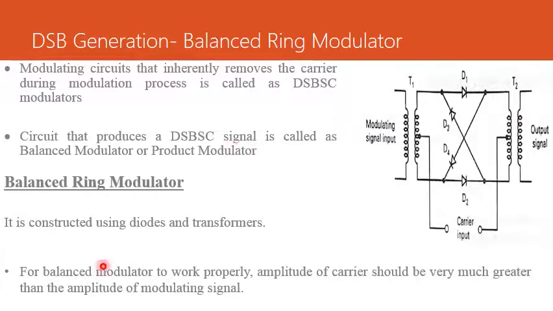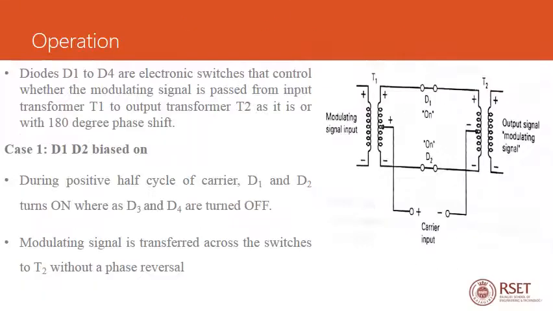For the balanced modulator to work properly, the amplitude of the carrier should be very much greater than the amplitude of the modulating signal.